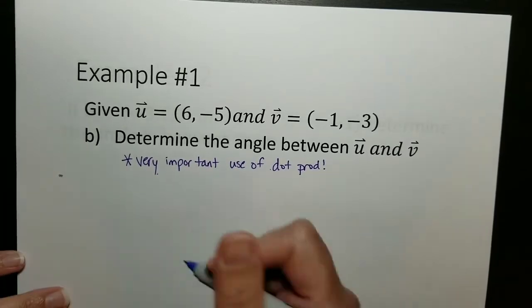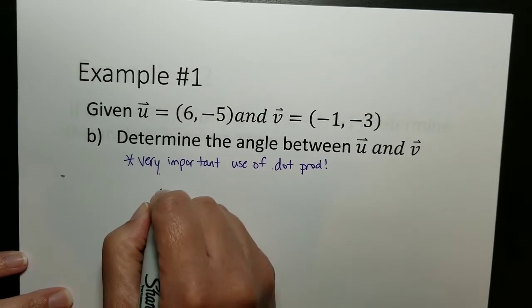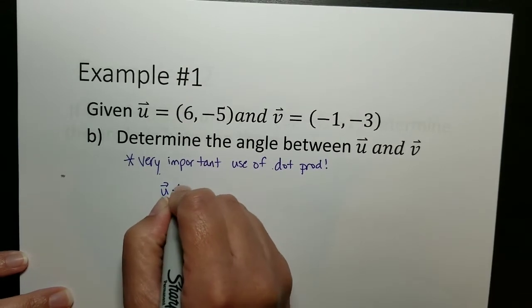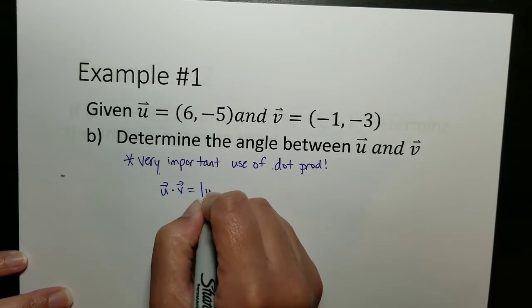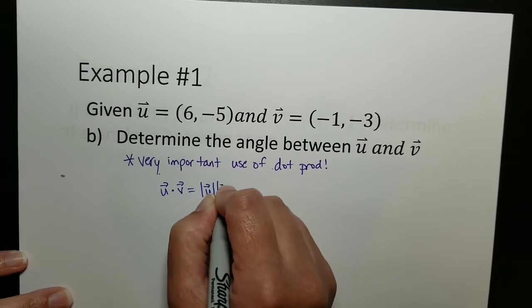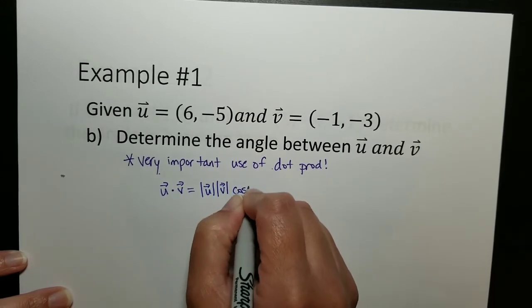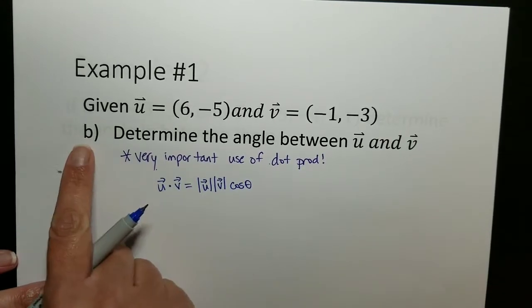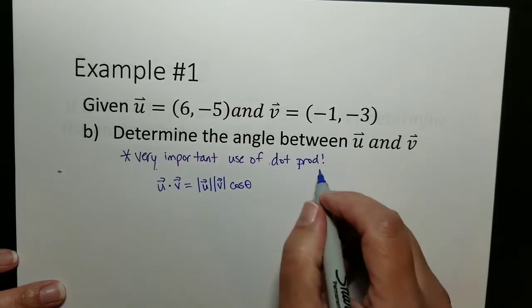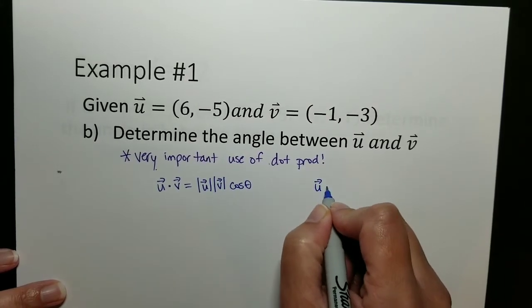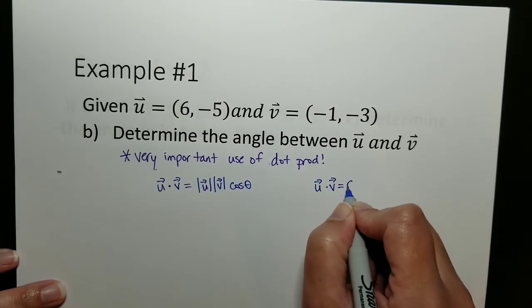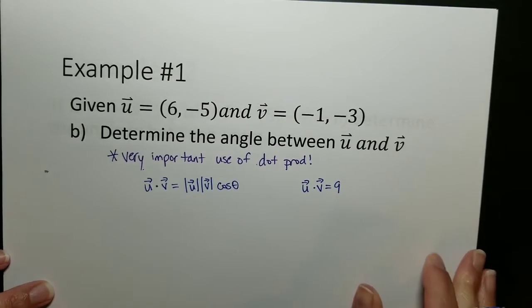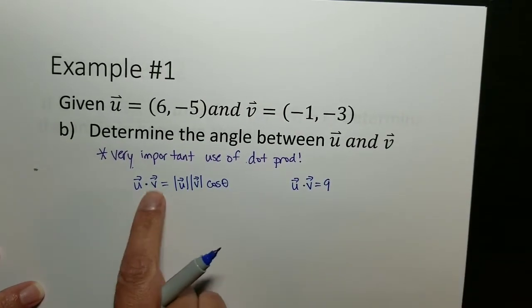We know that u dot v equals the magnitude of u times the magnitude of v times cos theta. Now we found on the previous step, because in part A these are the same vectors, that u dot v equaled 9.